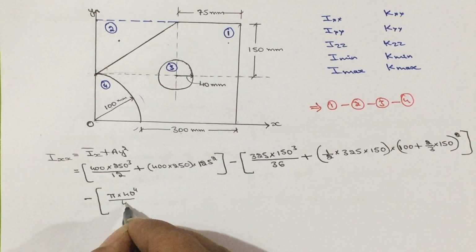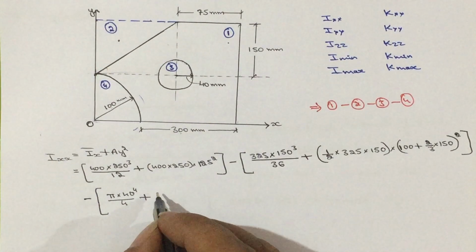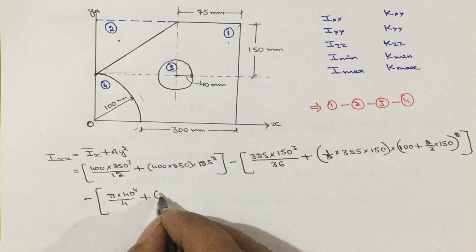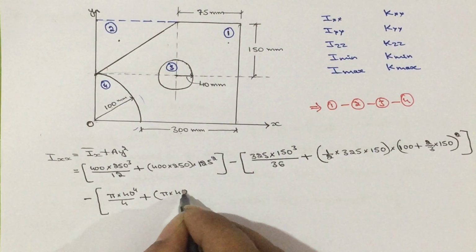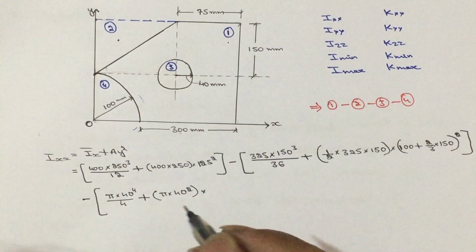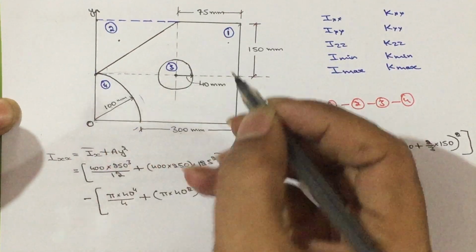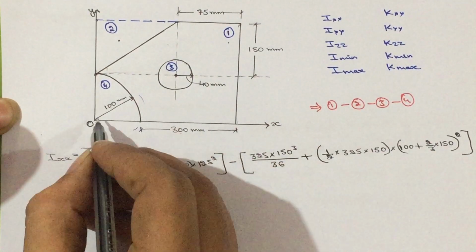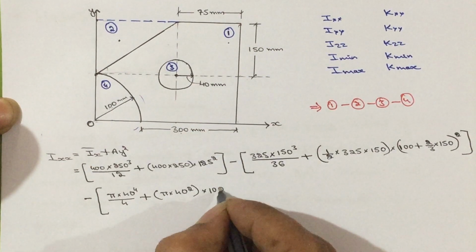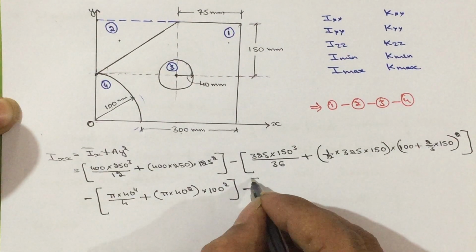Pi r to the power of 4 divided by 4 plus, then area is given by, circle area is pi r square, that is pi into 40 square, multiplied by y square. y is how much? Distance of the centroid of the circle from the x reference axis. How much is it? From here to here, it will be 100. So, 100 square, then the third is over, minus.